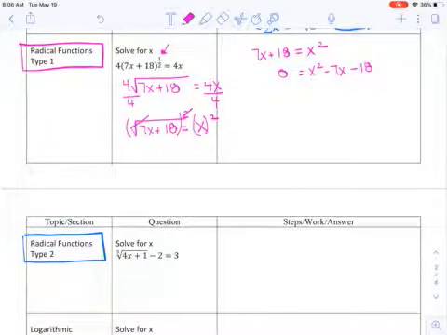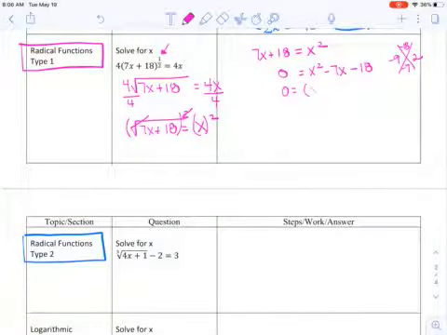And now you had choices on how to do this. You could use the quadratic formula, or you can do the x method if that works for factoring. And they have to multiply to give you negative 18, add to give you negative 7. So that's going to be minus 9 and 2.